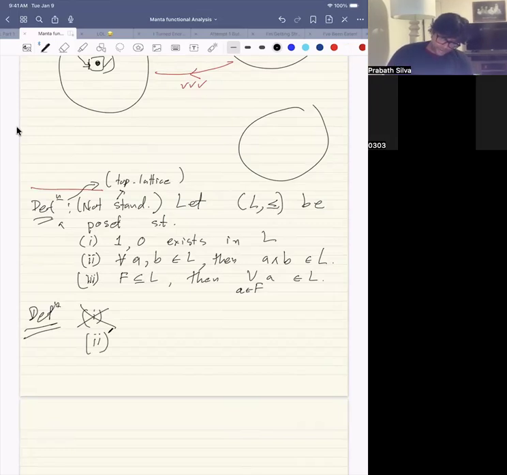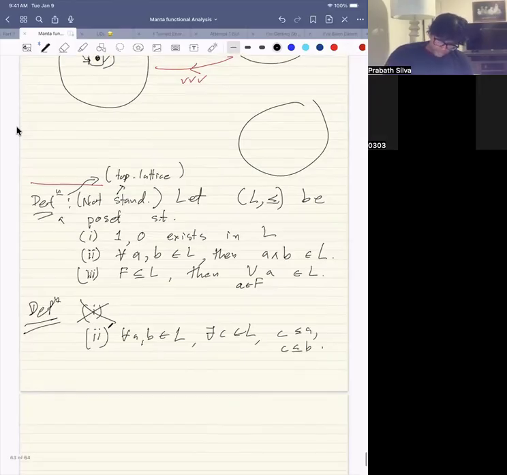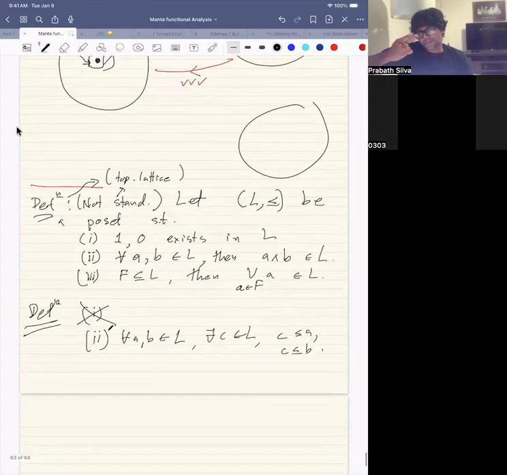This is telling you that for all A, B in L, there exists C in L such that C is less than or equal to A and C is less than or equal to B. Okay, and notice that we can work with the lattice. Oh, it's like the dual lattice.